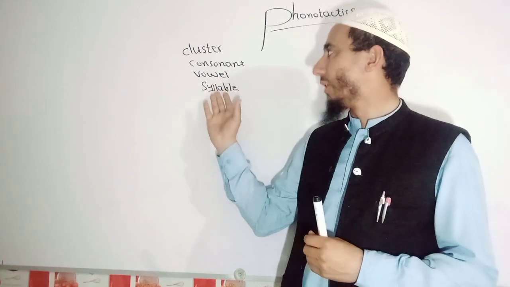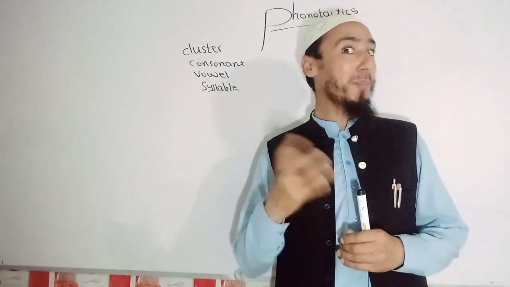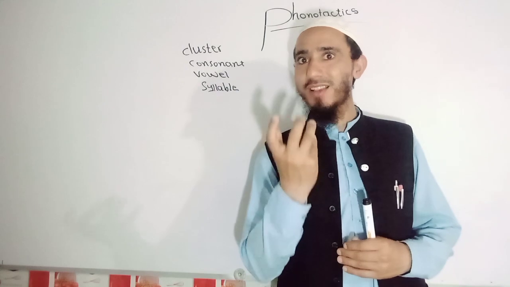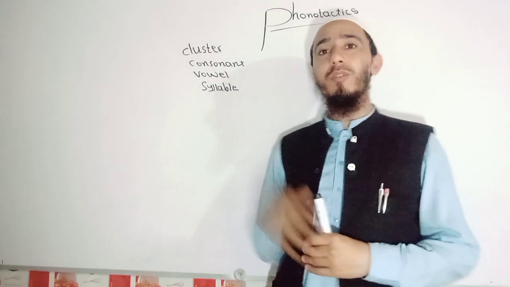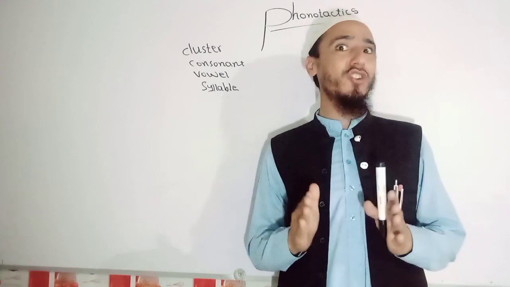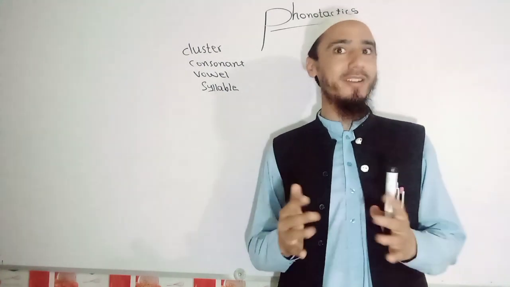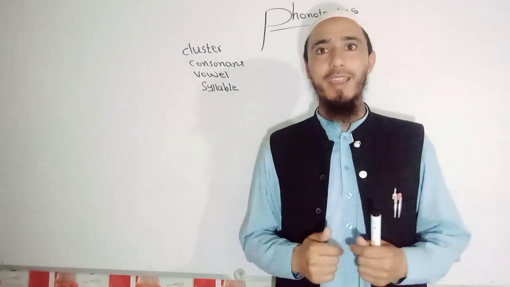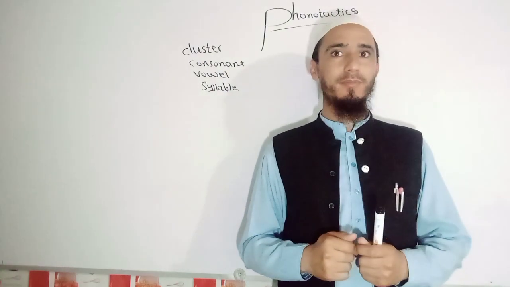And then, a syllable is a part of a word. It is a piece of a word, a portion of a word which has a single vowel. And then cluster, the combination of consonants. When two or more consonants come together, it becomes a cluster.